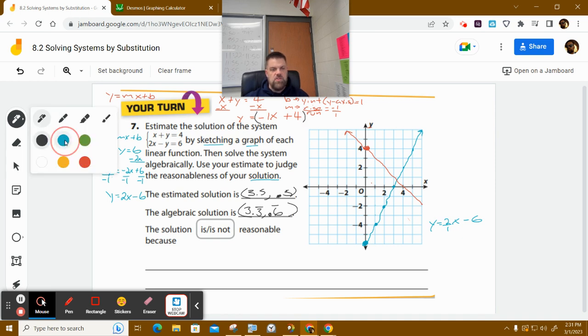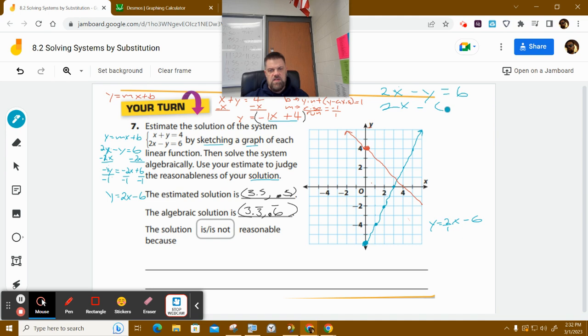So if I take the second equation, which is 2x minus y equals 6, and then I'm going to say 2x minus, but y is this stuff here, negative 1x plus 4, equals 6. And I'm going to zoom in over here so we can solve it algebraically.